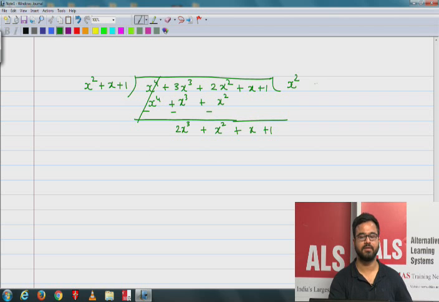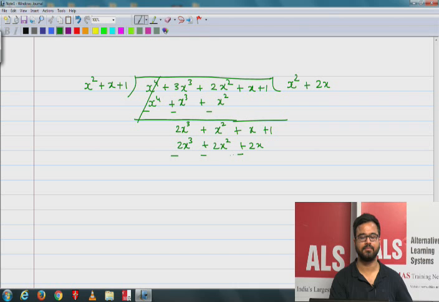Now x square we have to multiply with 2x, then only we will get 2x cube over here. Then x multiplied by 2x gives 2x square, and 1 multiplied by 2x gives 2x.